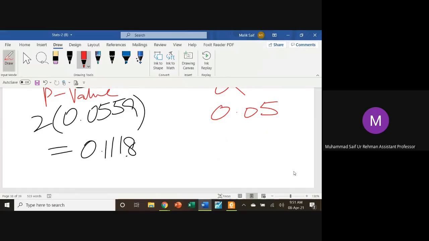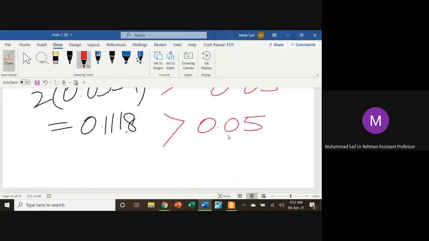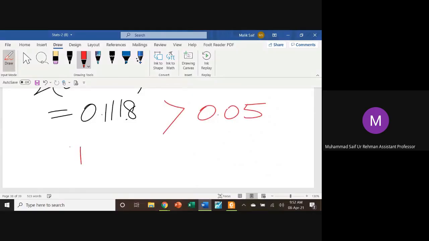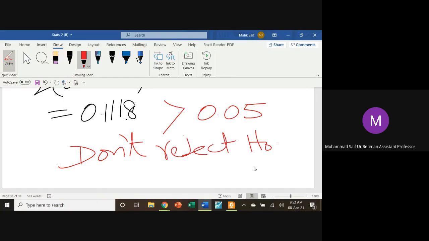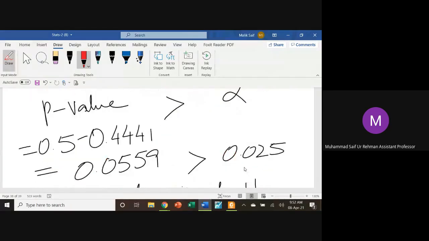Now you have to see which out of these two is larger. 0.1118 is larger. The p-value is larger than alpha, so it means that again, don't reject H naught. Same result.